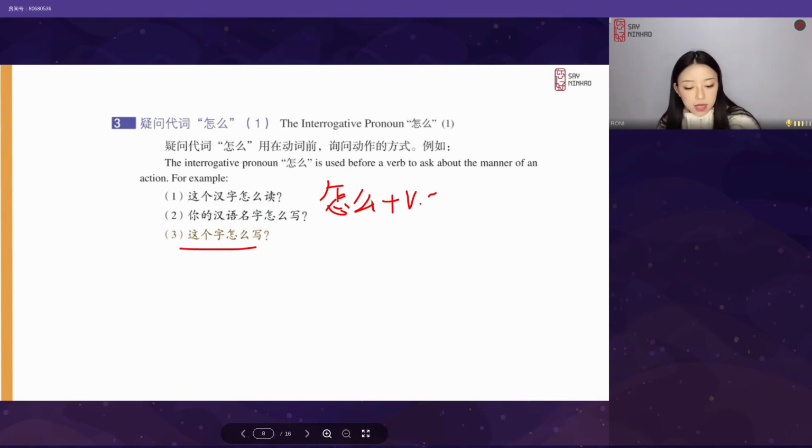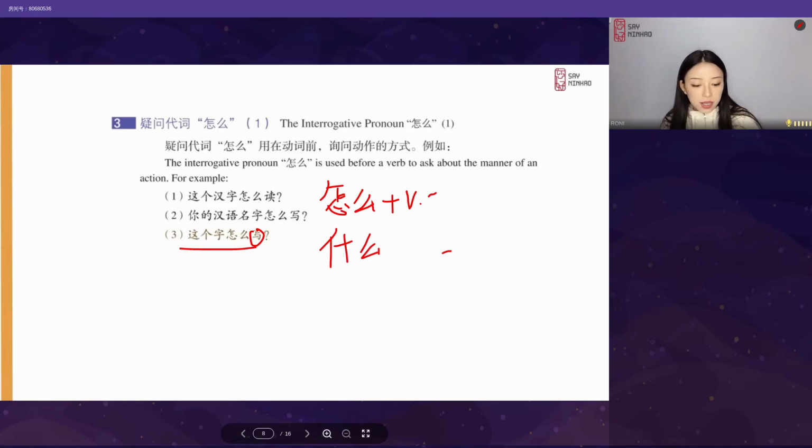Okay, now last one. Let's see. 这个字怎么写? How to write this Chinese character? 怎么写? 怎么 plus a verb, 写. And okay, try to remember another interrogative pronoun we've learned before, which means what. It is 什么, right?